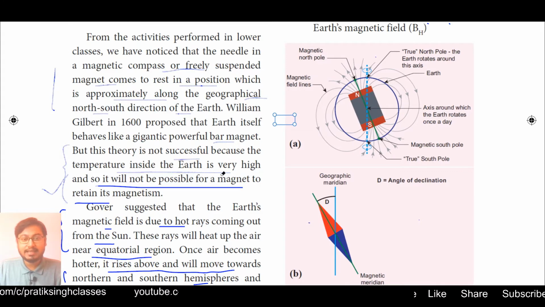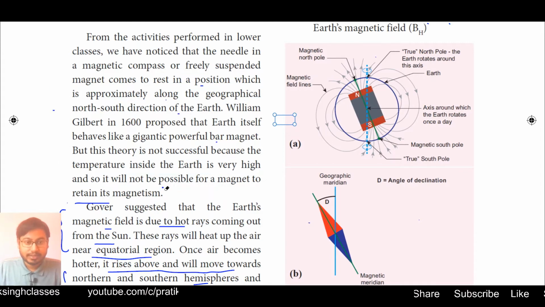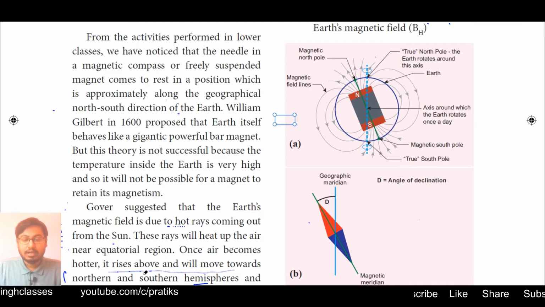It is just like the current we have seen earlier, which passes out from the battery from positive to negative terminal, but inside it is negative to positive. Likewise here, the magnetic field lines outside the magnet come out from north and go to the south pole, and inside the magnet it is from south to the north pole.